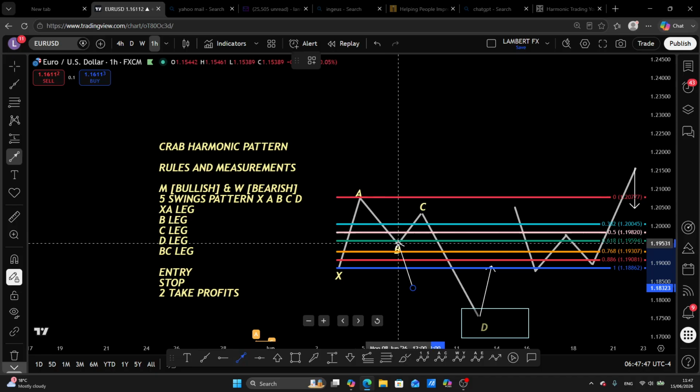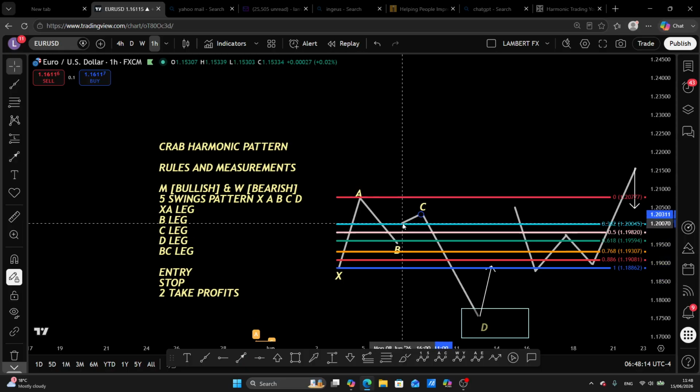The B can break and close below 0.618, but must not exceed 50% between 0.618 and 0.768. I hope that is clear. Something as it is now is fine. As you can see, this closed below 0.618, so that is fine. So that's your B measurement.